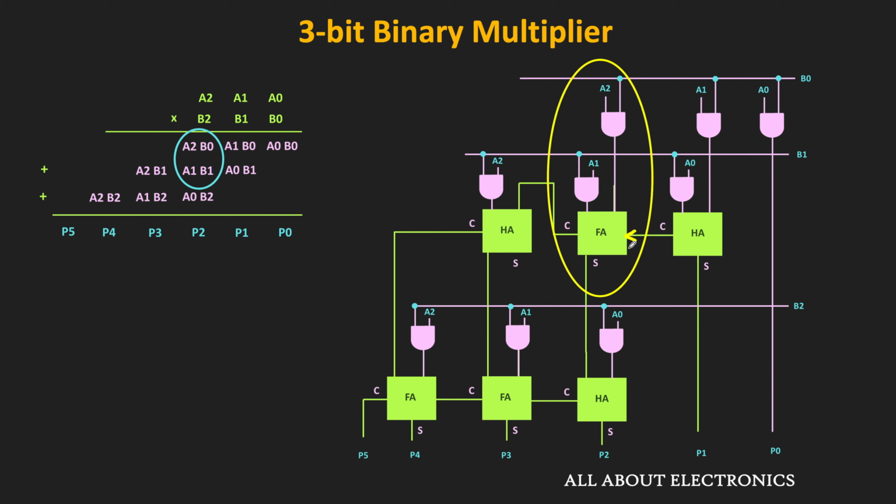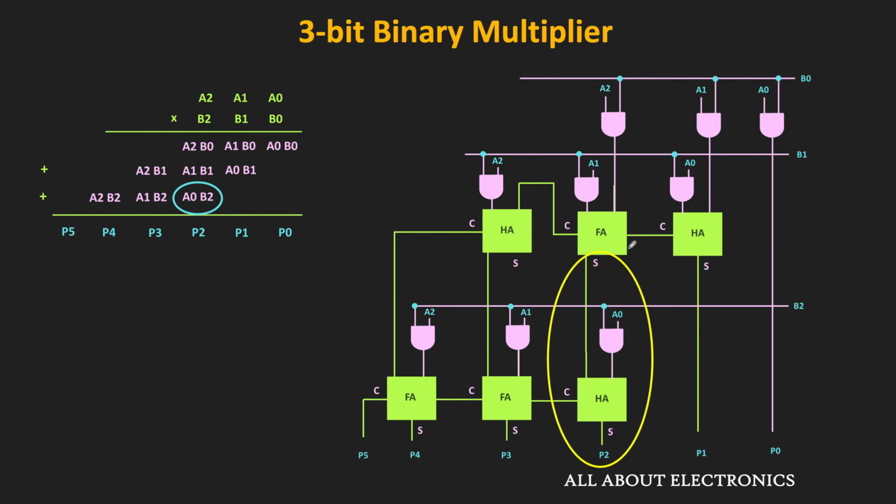So here, the sum output of this full adder will be added with the A0B2 with the help of one more half adder. And the carry generated during the summation will be propagated to the next stage. So here as you can see, the sum output of this half adder will represent the P2 output. And the carry generated during the summation will be forwarded to the next stage.